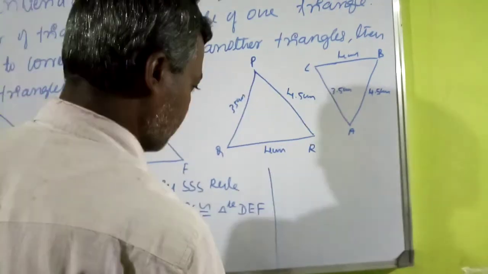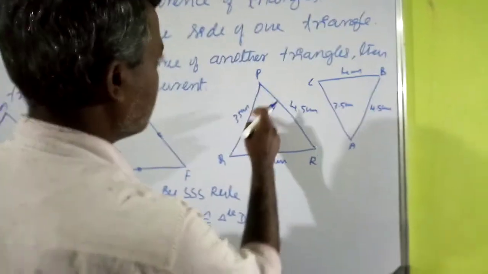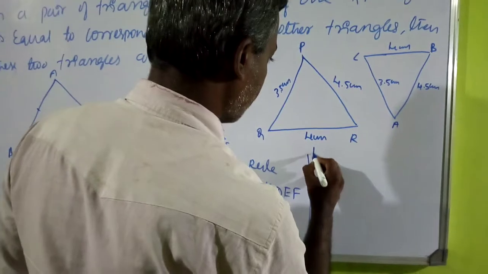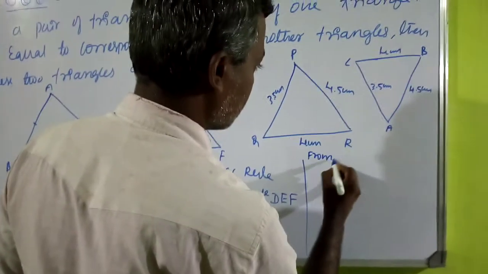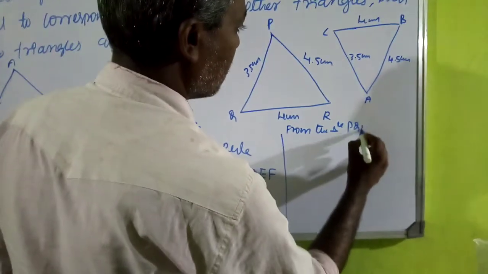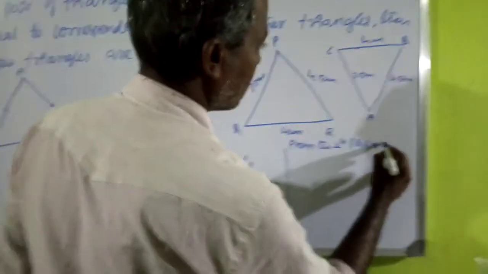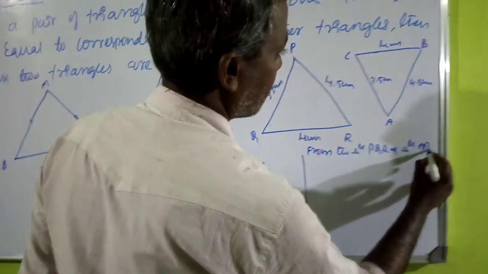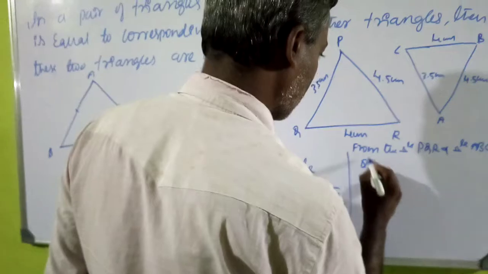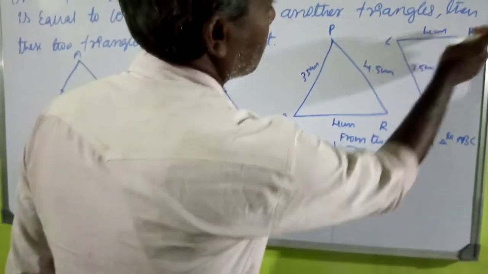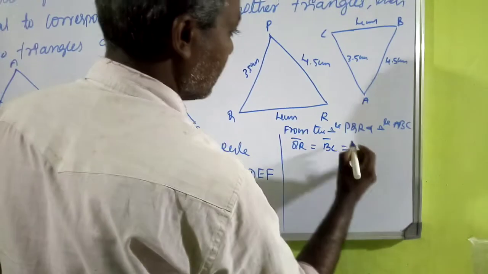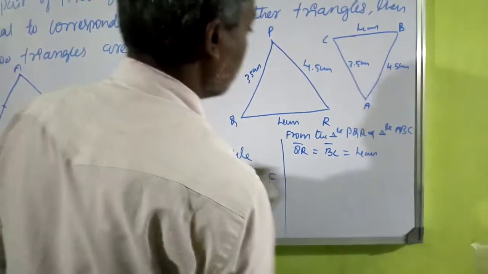Now just compare. First I will take the base QR from triangles PQR and ABC. QR, the base, is equal to its corresponding side in ABC, BC, that is 4 centimeters.